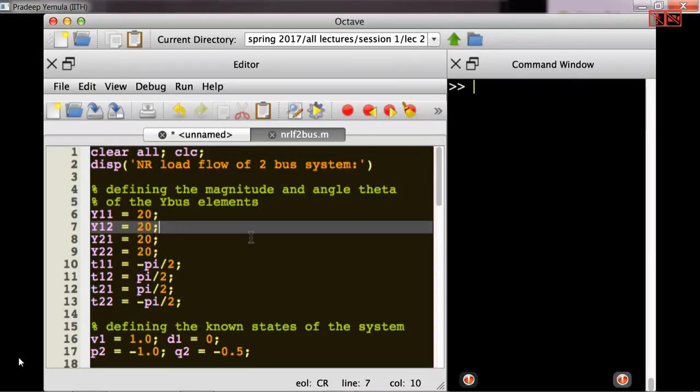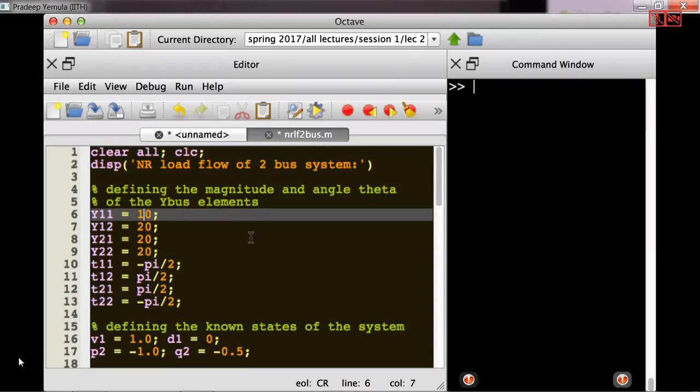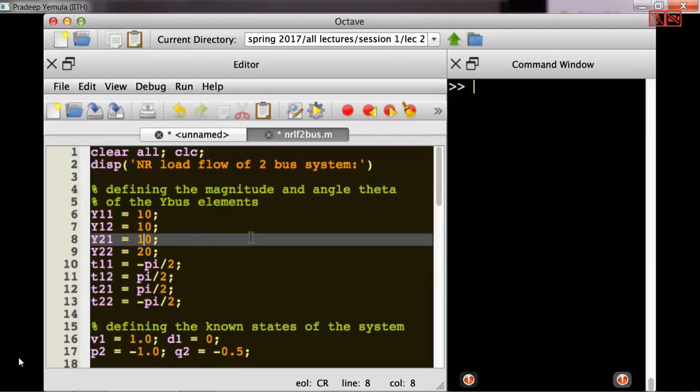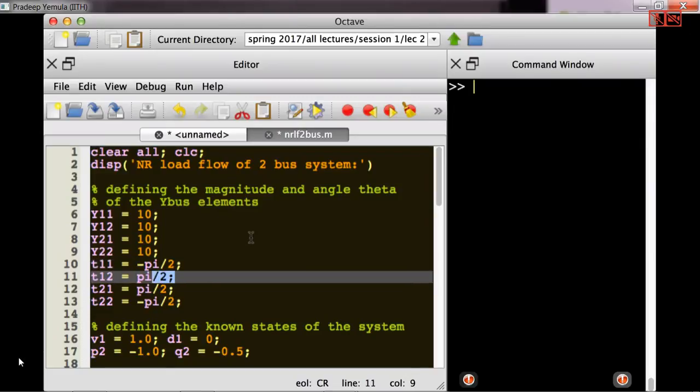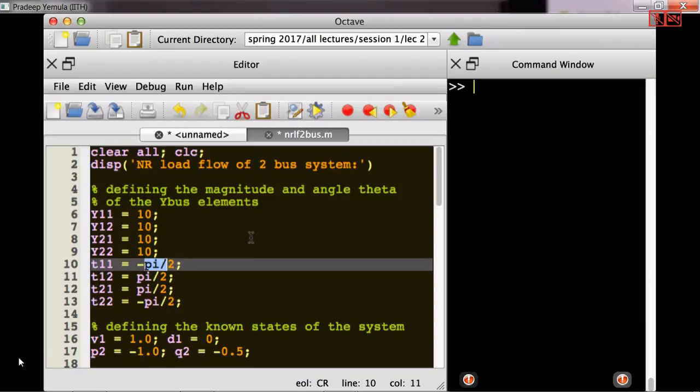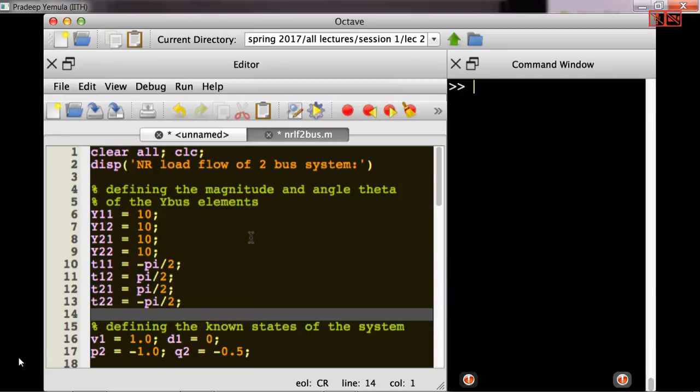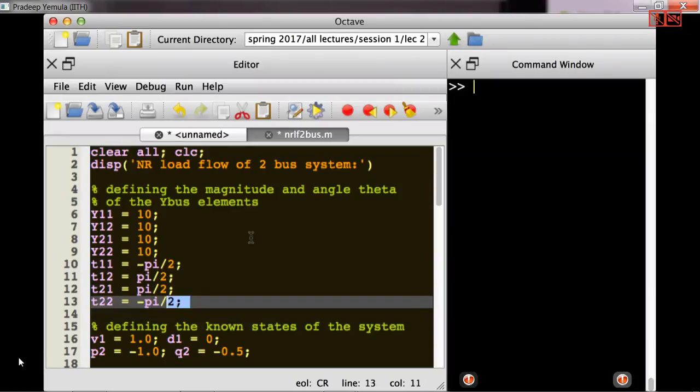For today's problem, all elements have magnitude 10. The angle is minus pi by 2 for the diagonal elements and pi by 2 for the off-diagonal elements. So lines 6 to 13 are about determining the Y bus.